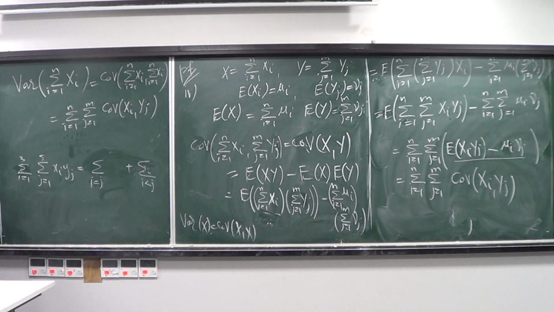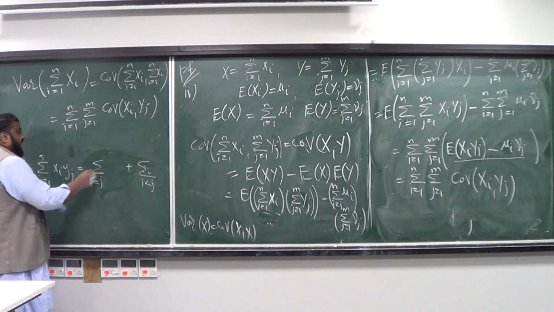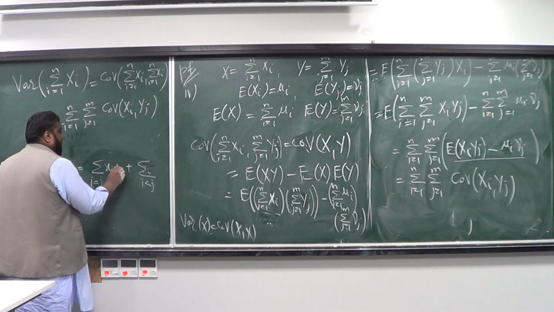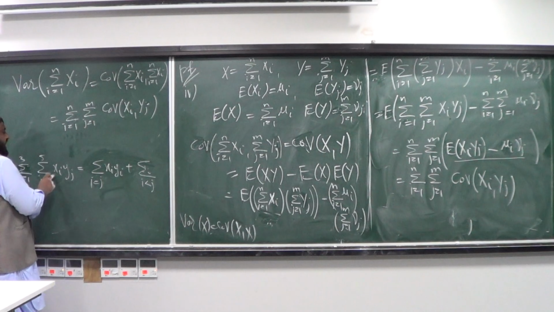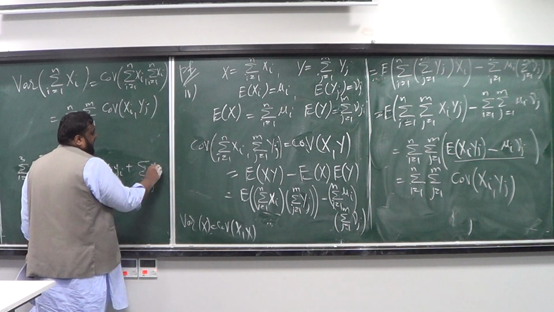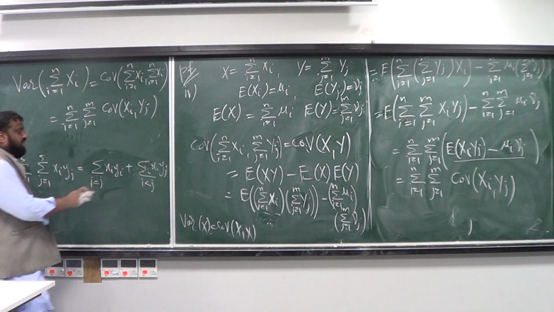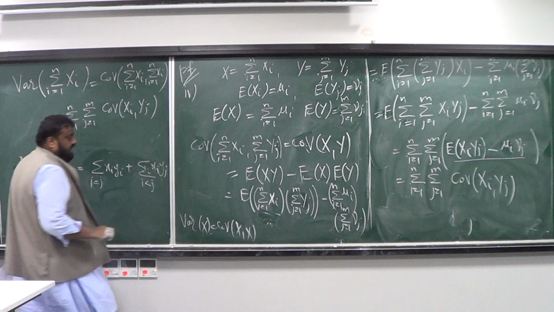When i and j agree, this will become xi yi, and when i and j don't agree, this will be xi yj. That's how it is going to be.